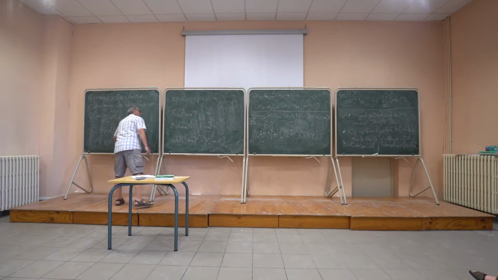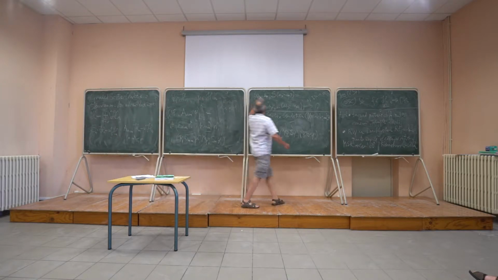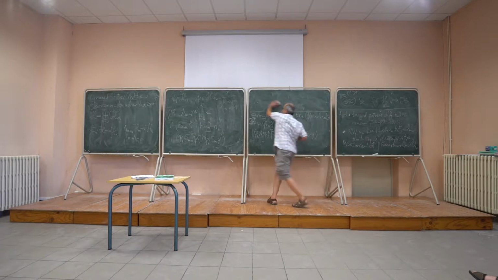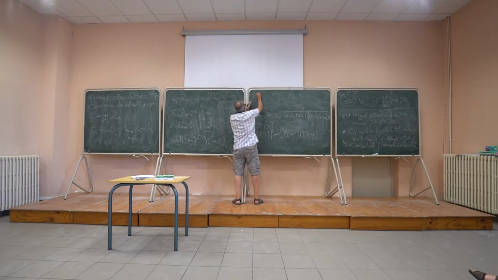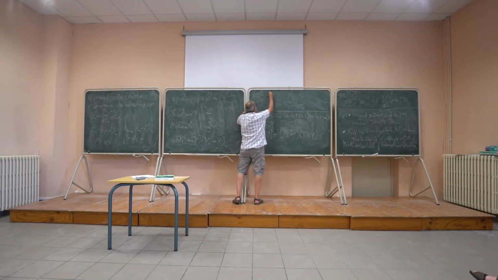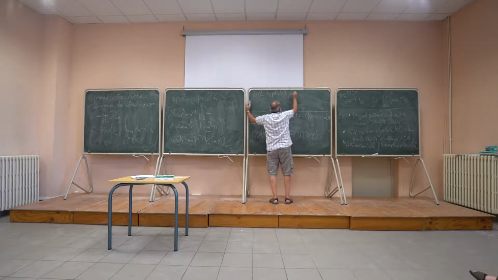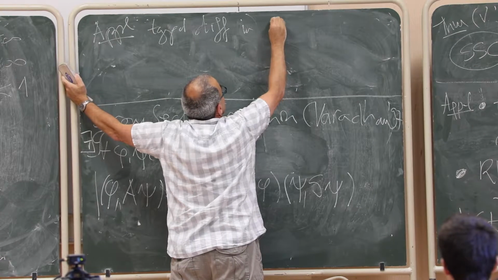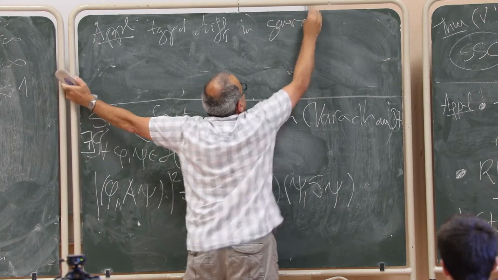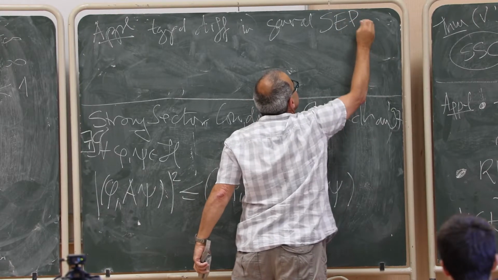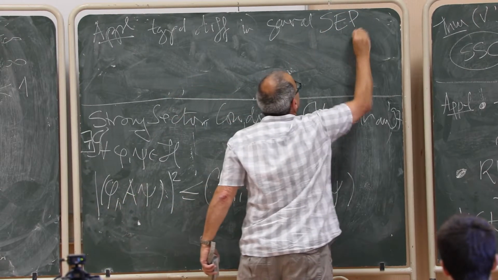This was applied in that paper by Varadhan and others. The original application was to tagged particle diffusion in general simple exclusion without any condition. Simple exclusion process in dimension 3 and more.